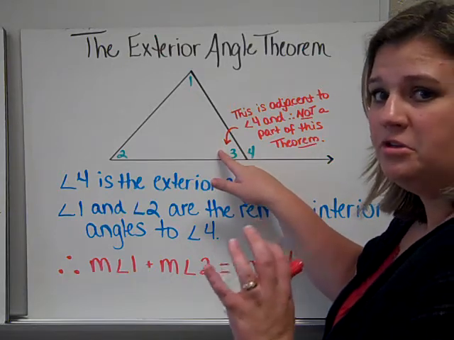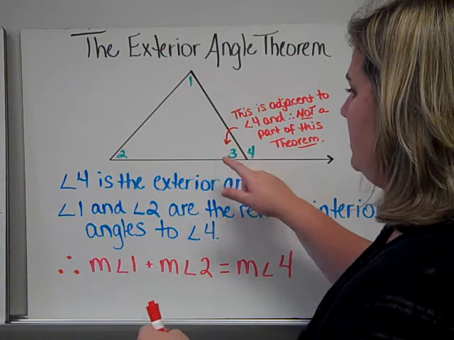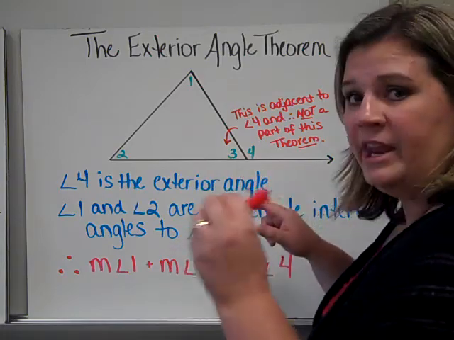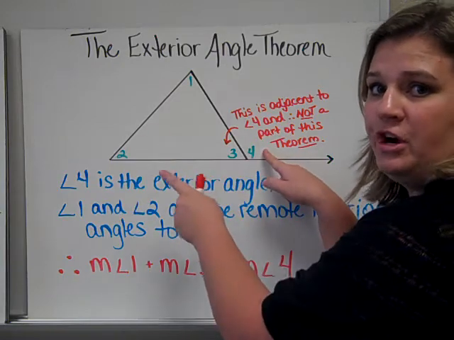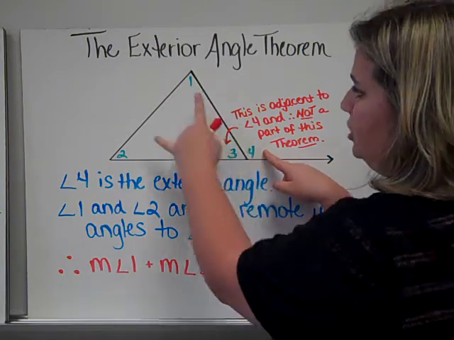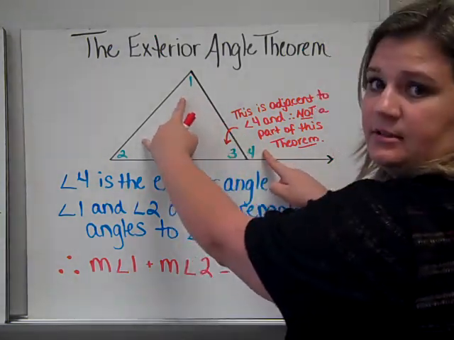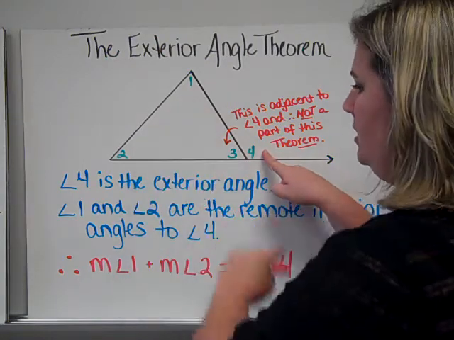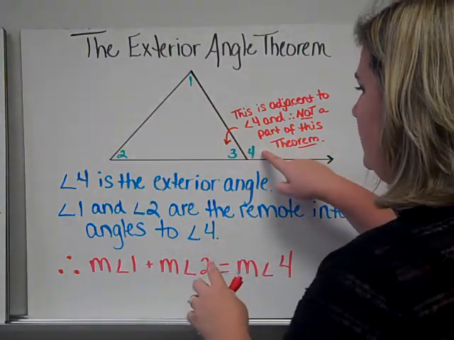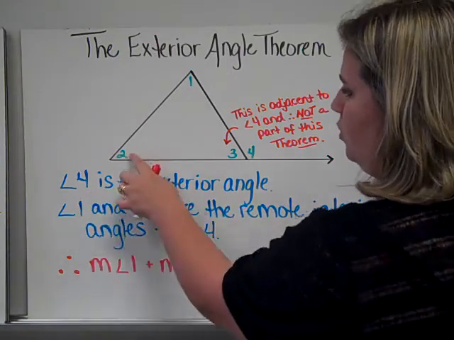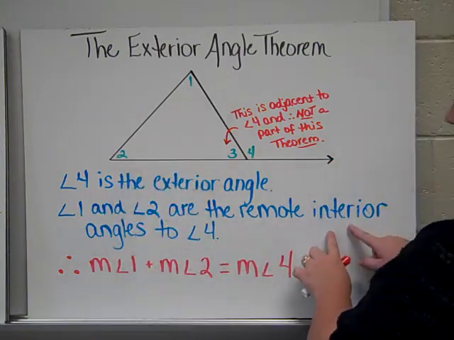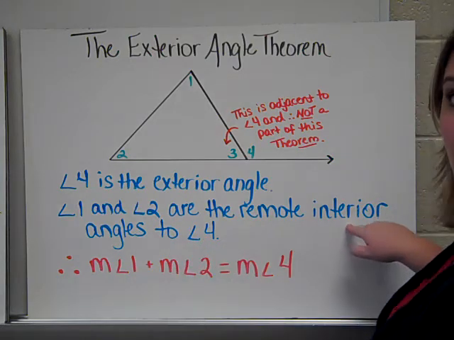What it's talking about when you go to the remote is two non-adjacent angles. So here's my exterior angle from the triangle. What it says is that angle 4 is exterior, and angles 1 and 2 are the remote interior angles to angle 4.